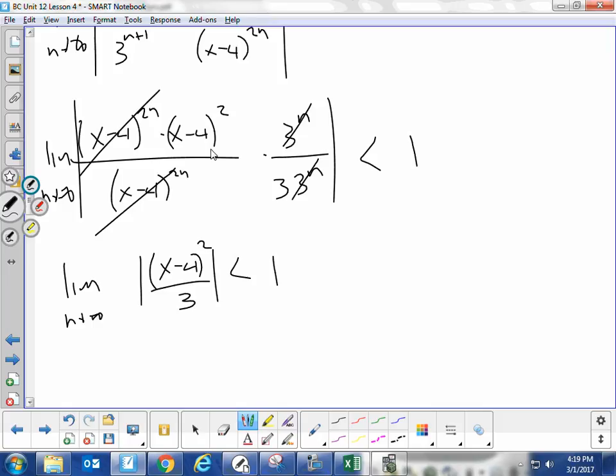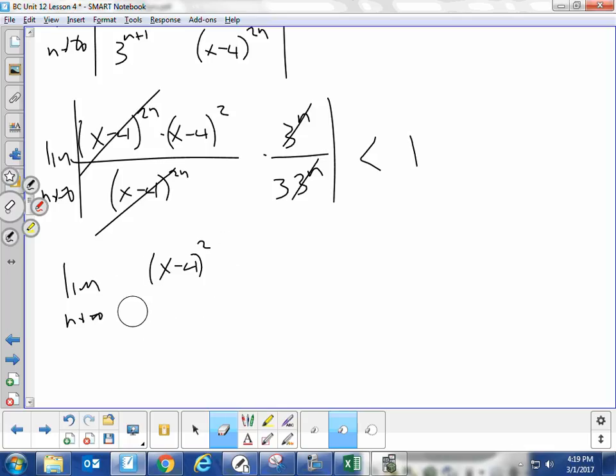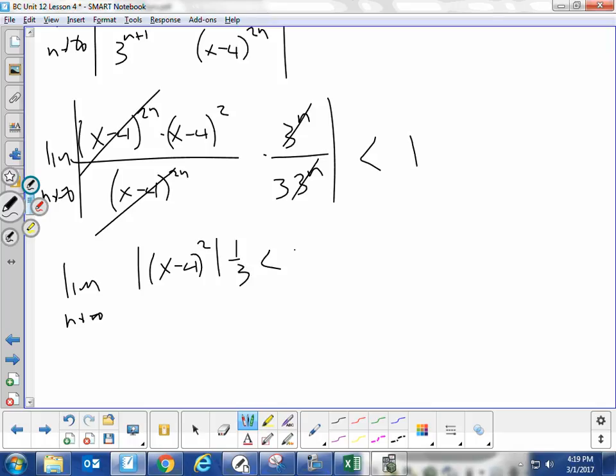Well, I could do the whole process of pulling out that 1/3 and making it a positive. It is a positive, so I don't have to worry about it. But I can pull this out of the absolute value. It becomes positive, remains positive. I can multiply both sides by 3.